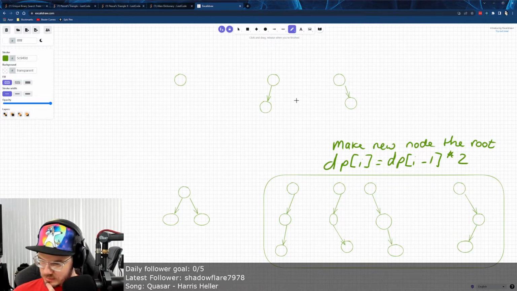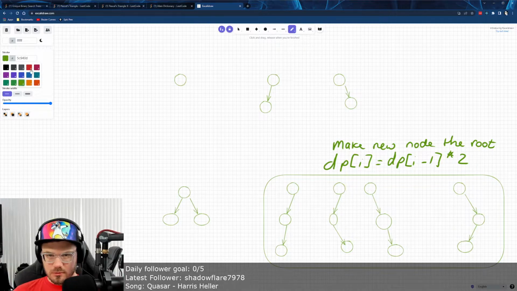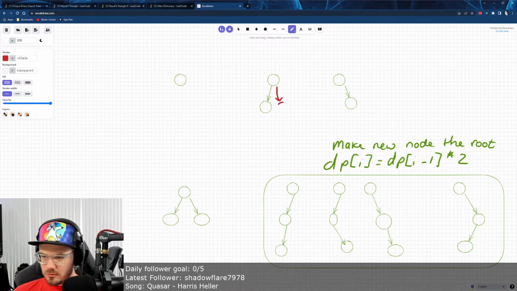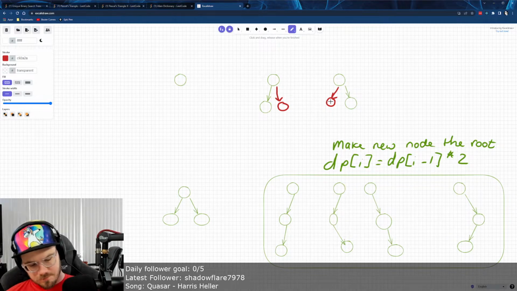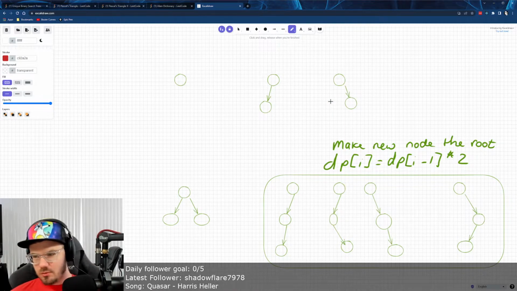But the problem is, in doing so, you're going to end up with duplicates, right? So if I were to put the new node here, that's the same thing as putting the new node here, but those are structurally identical, and so we need to only count that once.